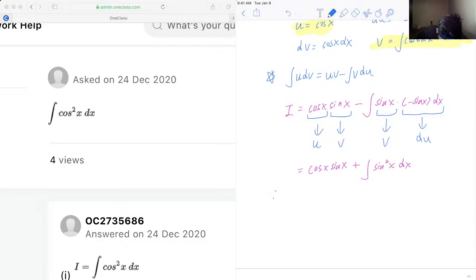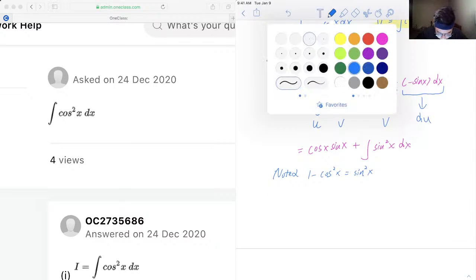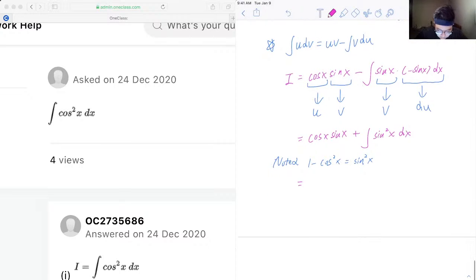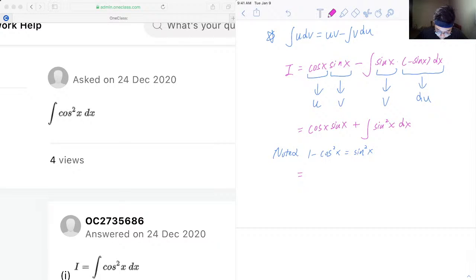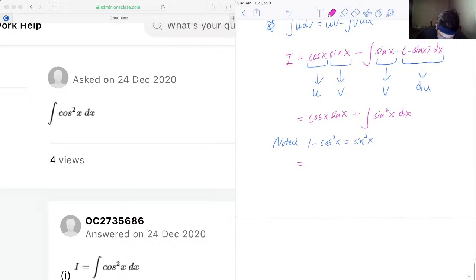So note that 1 minus cosine x squared is equal to sine x squared, and that will be equal to cosine x sine x plus the integral of 1 minus cosine x squared dx.